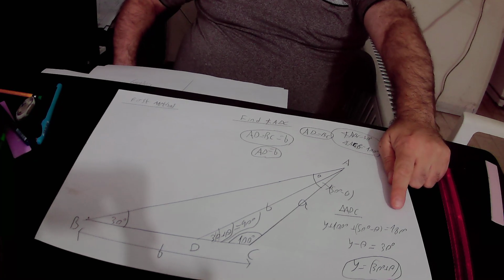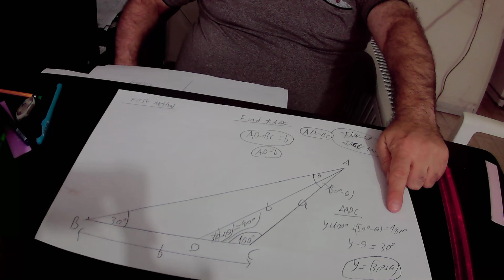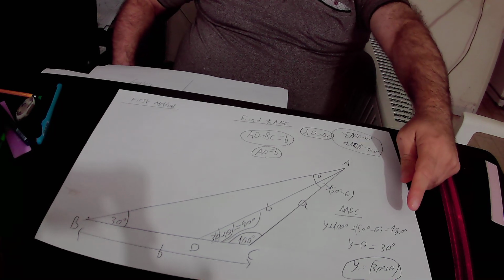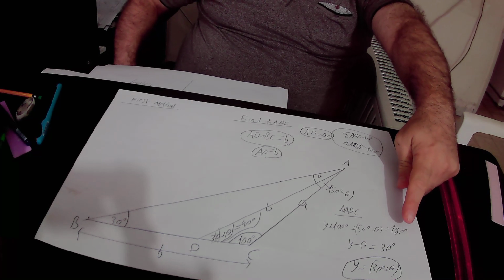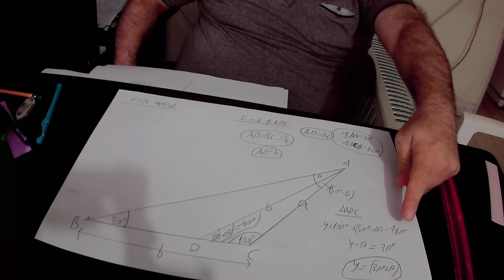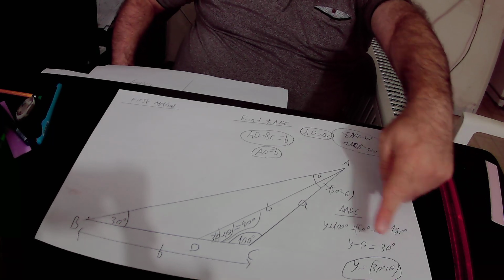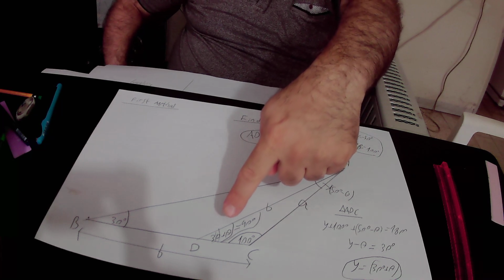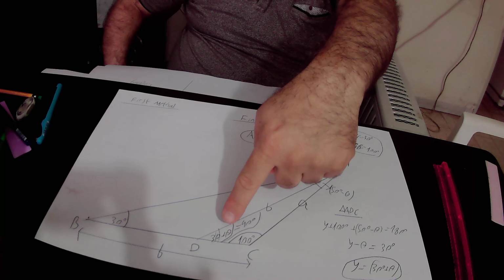So we subtracted 150 degrees from this equation, and we got that Y minus theta equals 180 degrees minus 150 degrees, which is 30 degrees. We added theta to this equation, and we found out that angle Y equals 30 degrees plus theta. This angle ADC, the angle that we are looking for, equals 30 degrees plus theta.